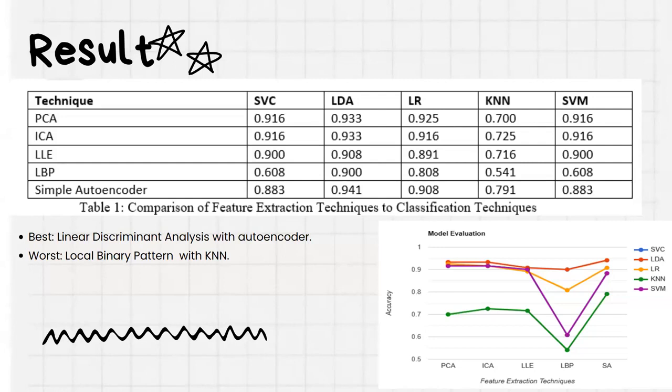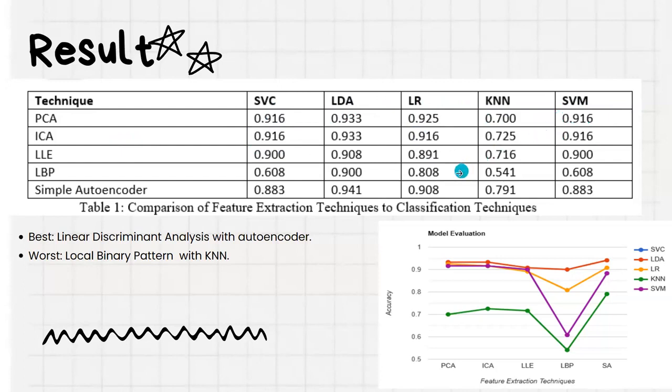As I told you before, PCA and ICA also work with simple autoencoder. You can see there are different workings, like LDA being better, SVC in PCA and ICA or ICA also working better, and LR and SVM are working a bit better.